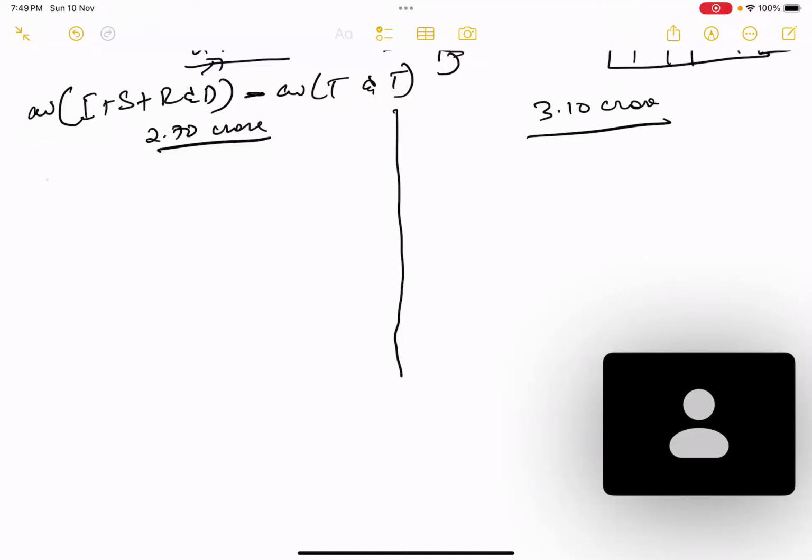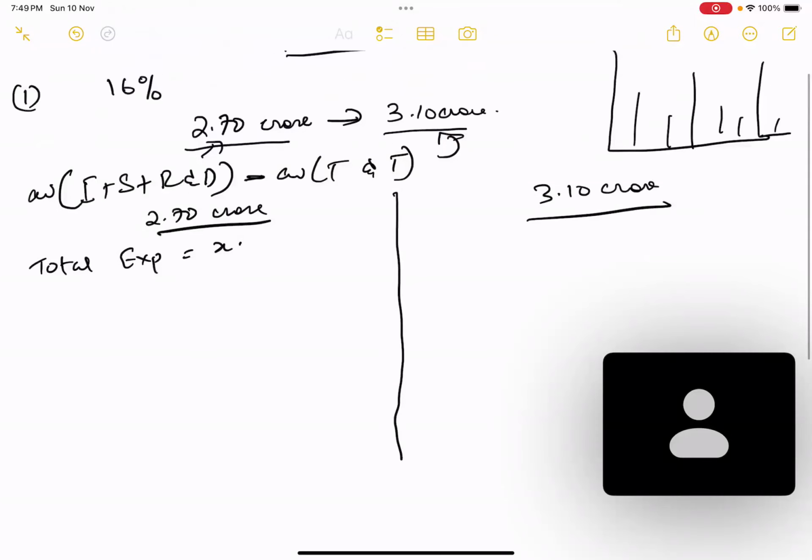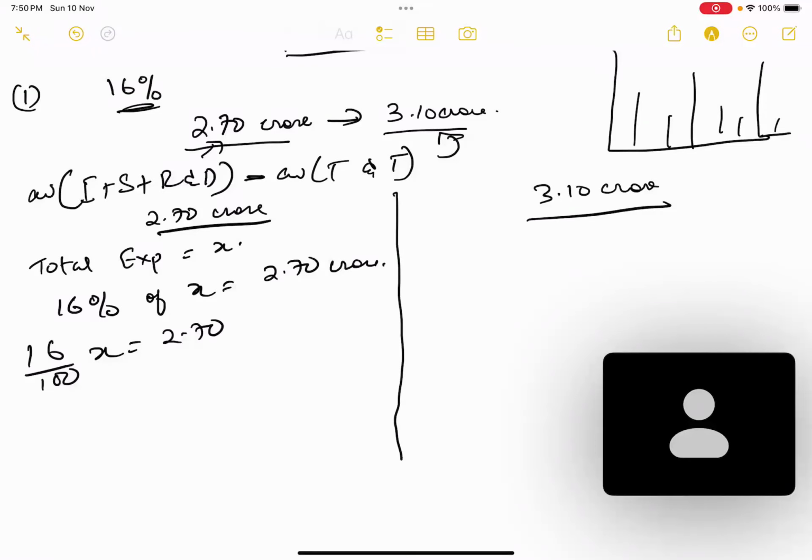Now suppose the total expenditure is X. As we are aware, the expenditure on advertisement is 16%, so 16% of X must be 2.70, which means X is equal to 2.70 into 100 divided by 16, which is 16.875 crore.